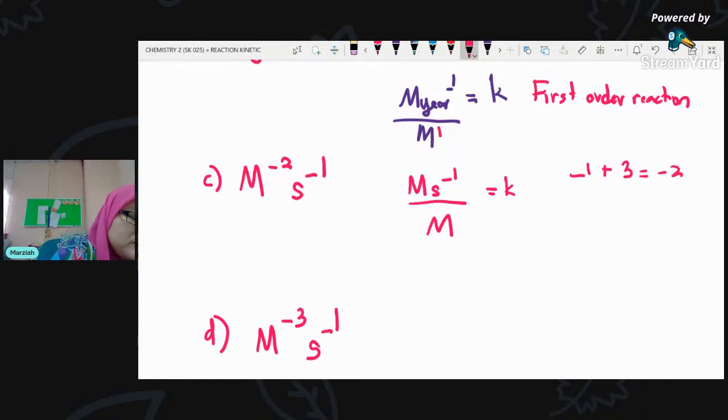Yes, correct. So the answer is third order reaction. Okay, try D.